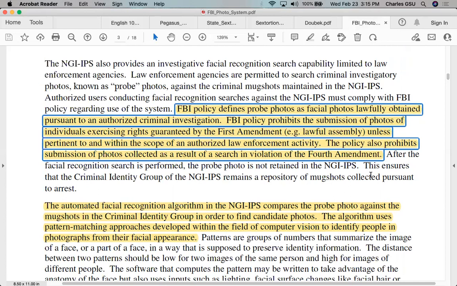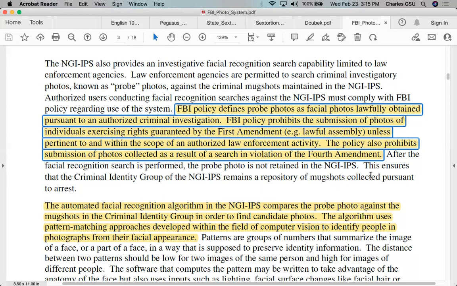It says FBI policy defines probe photos, when they're probing in a case, as facial photos lawfully obtained pursuant to an authorized criminal investigation. FBI policy prohibits the submission of photos of individuals exercising rights guaranteed by the First Amendment. For example, lawful assembly, which we would call a protest with signs or whatever, that's protected under the First Amendment, unless pertinent to and within the scope of an authorized law enforcement activity.